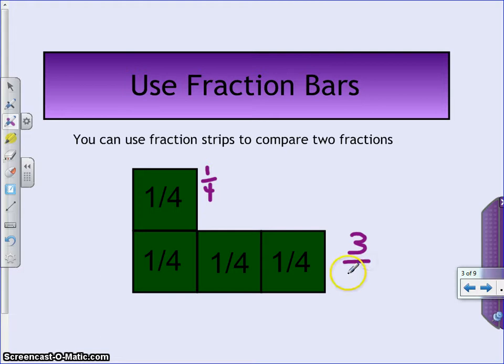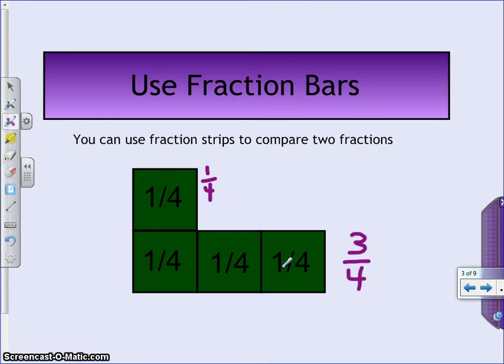And this is why I said this one's pretty easy. They both represent fourths. Okay? This is just 1/4, and this is 3/4. So it's obvious that if you were really hungry, you would want to choose the bigger one, which is 3 out of 4 pieces, not 1 out of 4 pieces.